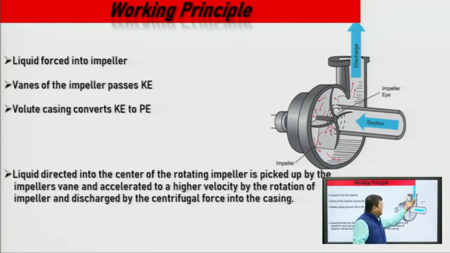So at last, at the discharge level, we find pressure energy only. This is approximate, because if fluid is flowing in any system, there are two types of losses. We can't ignore the major and minor losses.